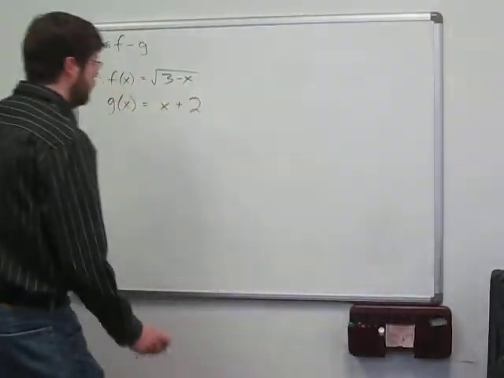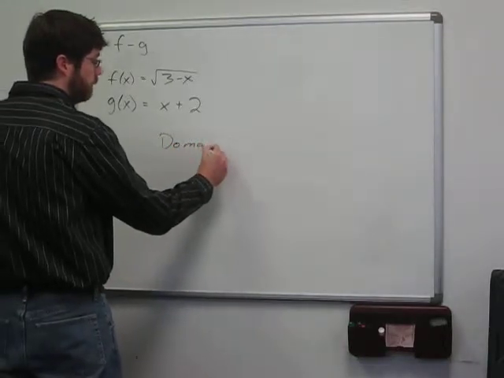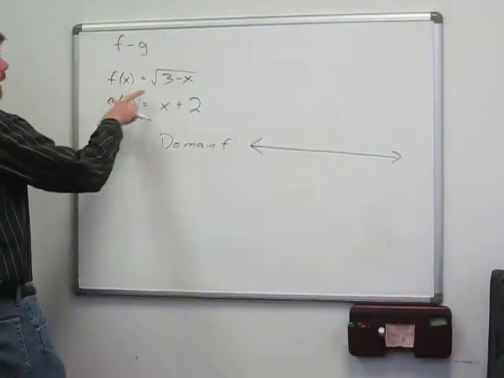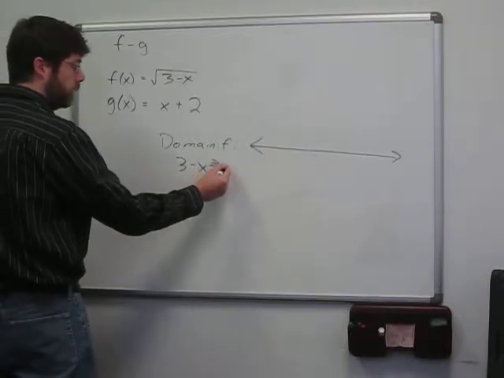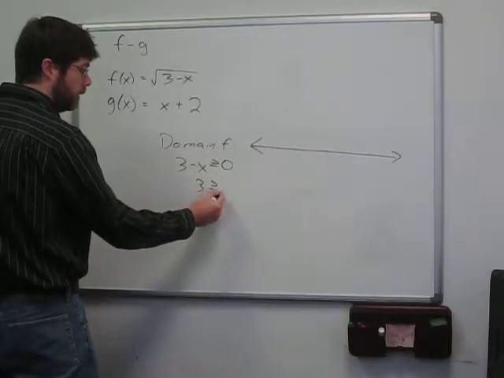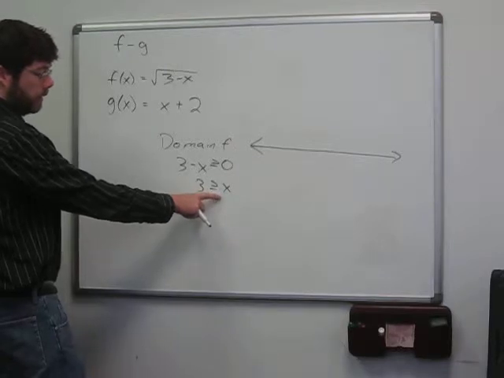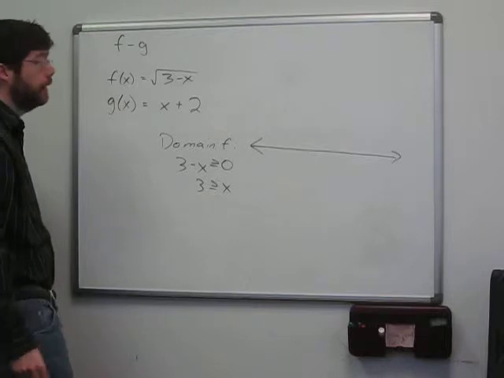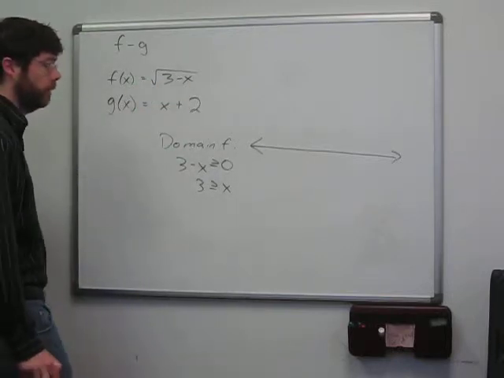So to find the domain, I want to first consider the domain of f. f involves a square root, so we need to make sure the expression underneath is non-negative. I'll just add the x over, and as long as x is no greater than 3, then this expression underneath will be non-negative, and so we'll be able to take the square root to get a real number.